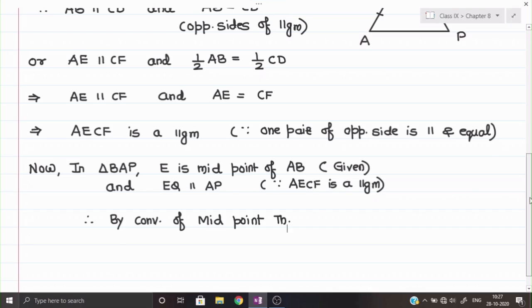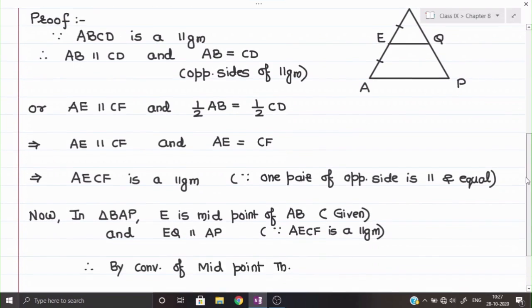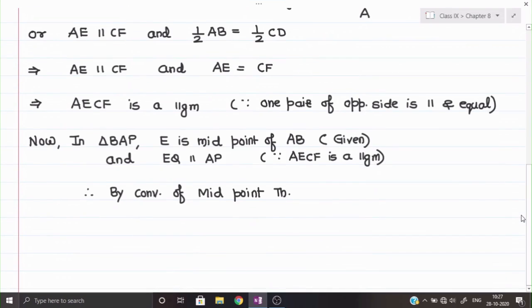Okay, what we can say, the another point. Who is the another point here? That is Q. Q will be a midpoint of BP. So we can say that by converse of midpoint theorem, Q is a midpoint of BP.